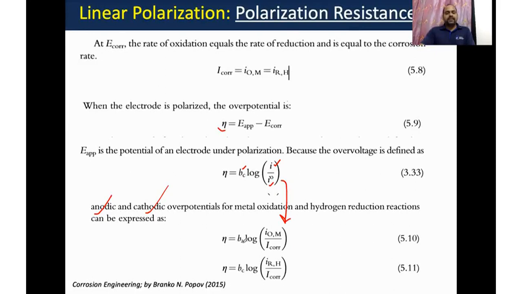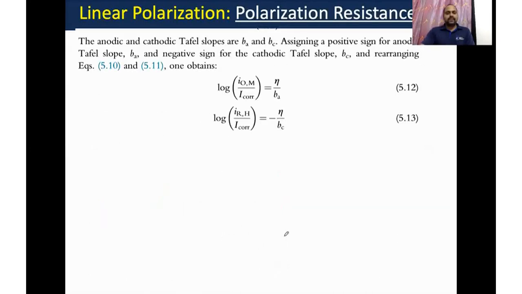This is an important point. It looks like something of voltage versus current. So what can we call it? RP, right? Because this is delta E upon delta I. So from here, I corrosion we can take to this side, it becomes BC BA over delta I by delta E, so I corrosion becomes BC BA times 1 upon RP.